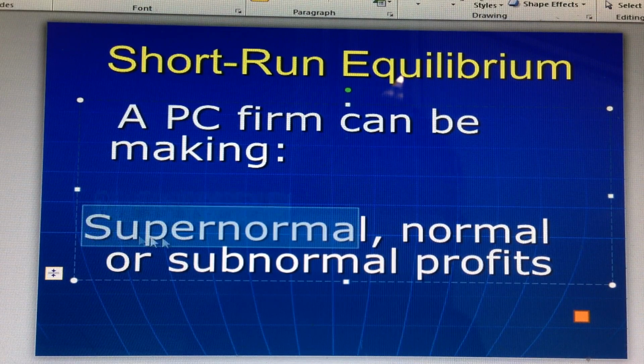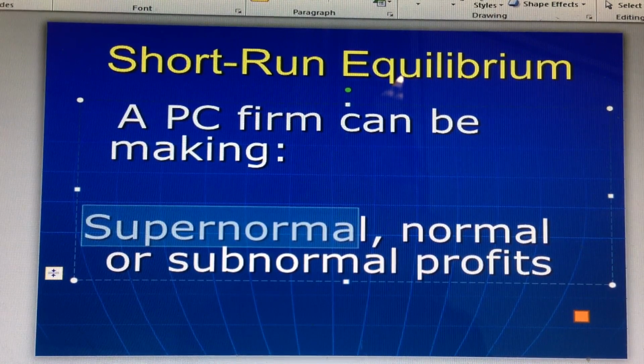Supernormal profit means that your revenue, you'll be earning economic profit which is a positive number. Remember, this is a perfectly competitive market structure, which means that when you're earning supernormal profit, there will be people, due to free entry and exit, coming into the business.